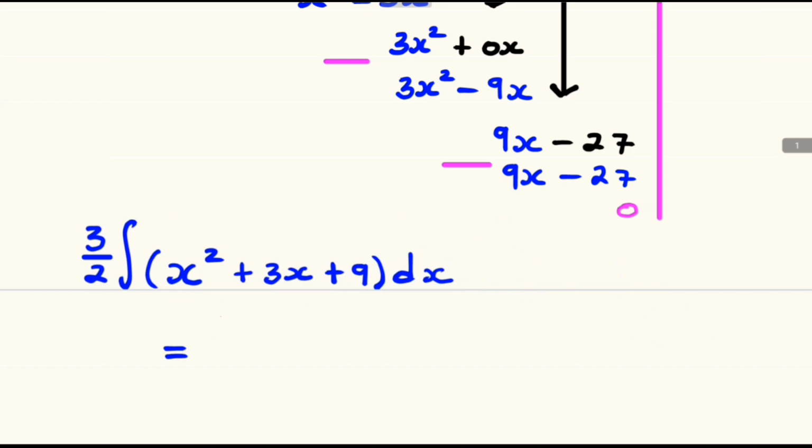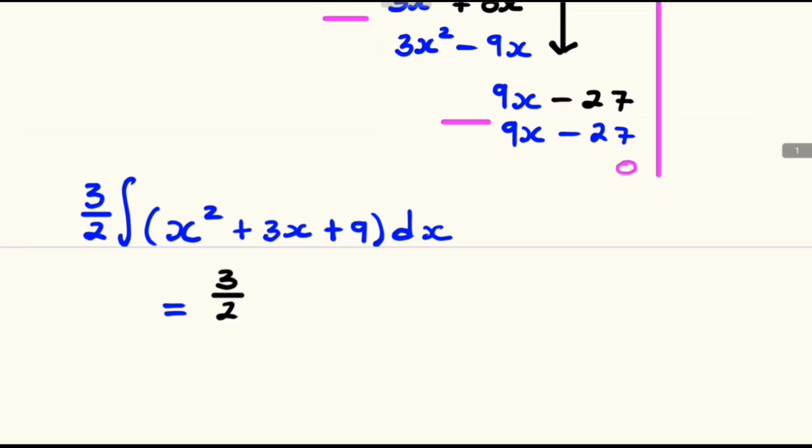We have 3 divided by 2. The integral of the x squared will be equals to x raised to the power 2 plus 1 divided by 2 plus 1, plus 3 multiplied by the integral of x, which is x squared divided by 2.